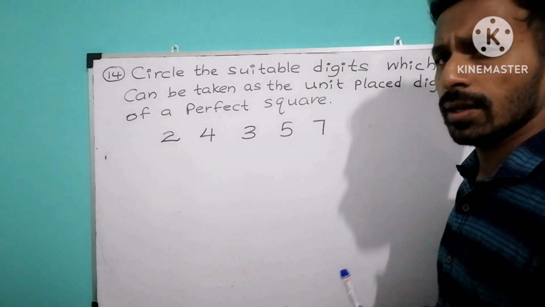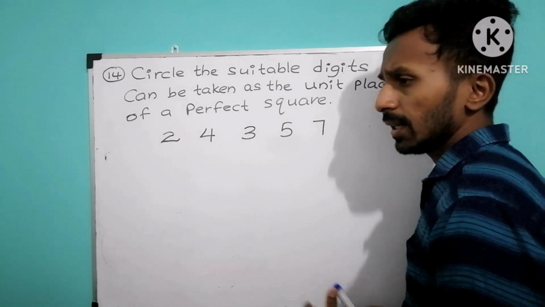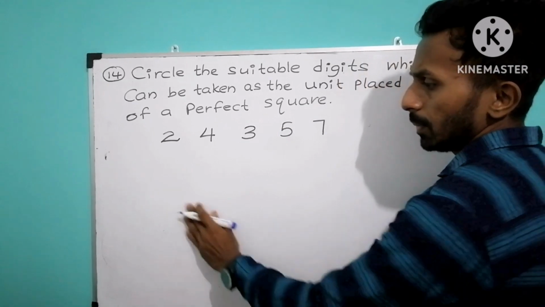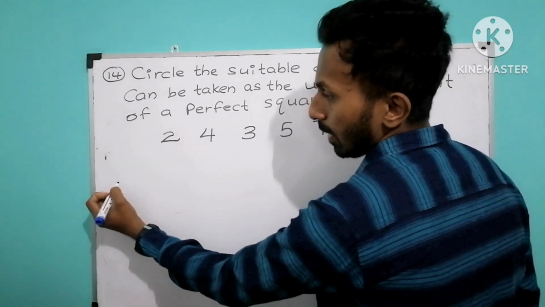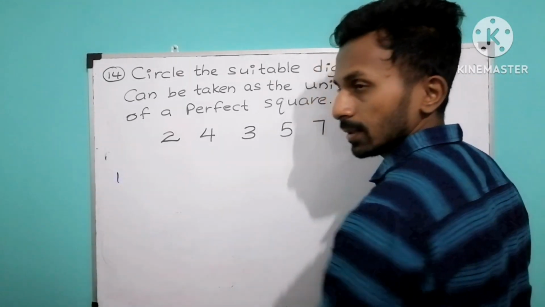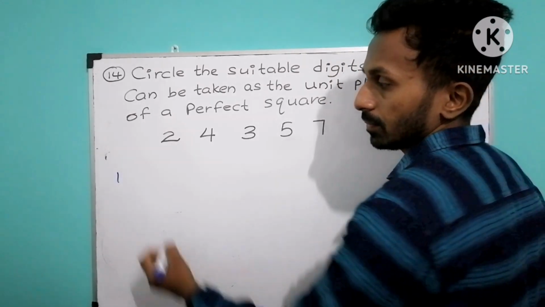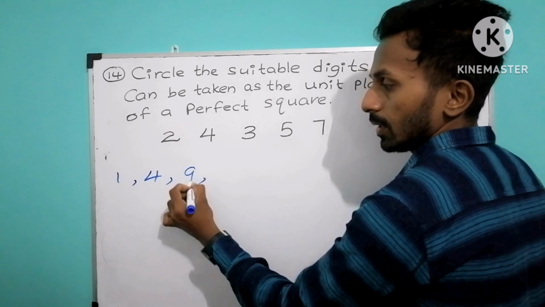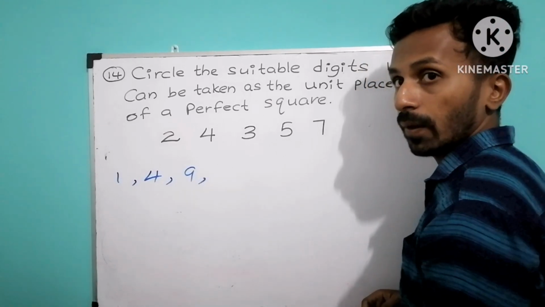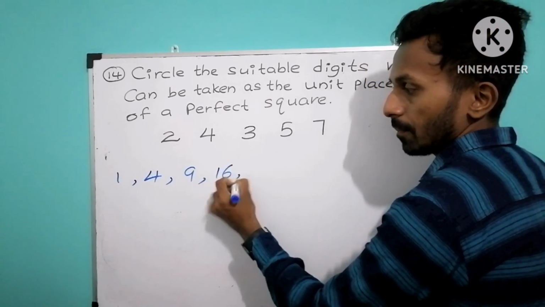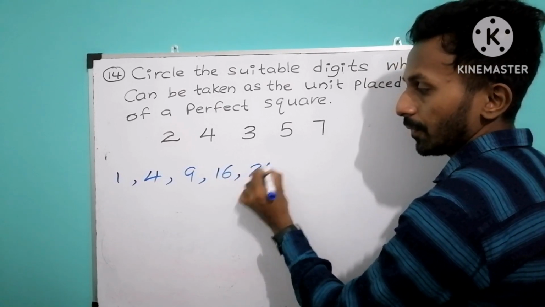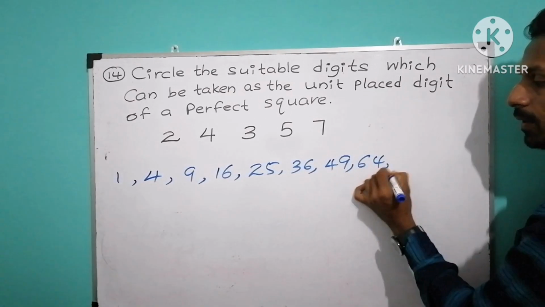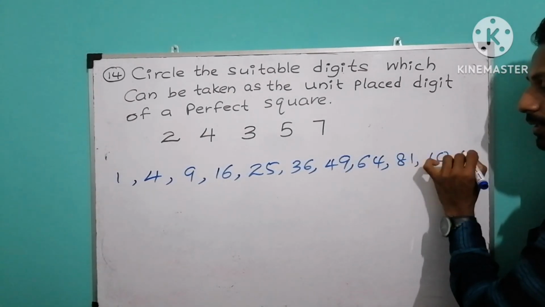Okay, let's see. Can you tell me square numbers, perfect squares. Let's write 1 is a perfect square. Next one 4, then 9. Fourth one 4 into 4, 16. Likewise 25, 36, 49, 64, 81, 100.